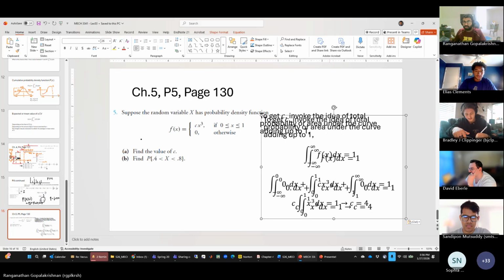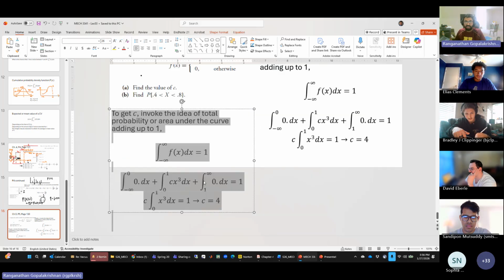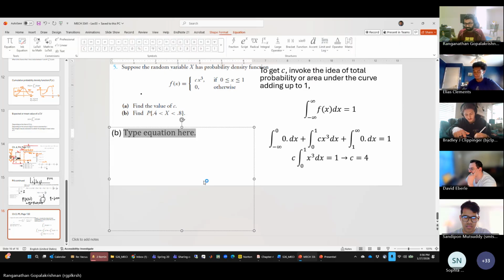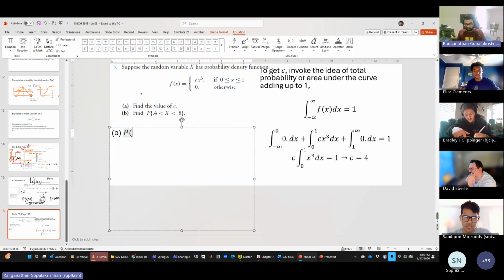And to get problem B, the probability of 0.4 less than x less than 0.8, that would be what? If you say this, it means you have understood continuous random variables.